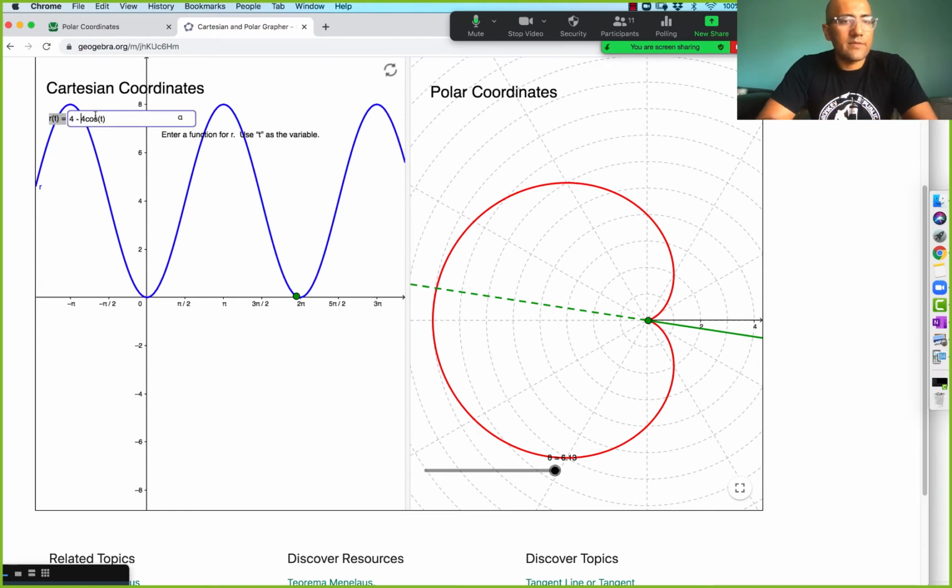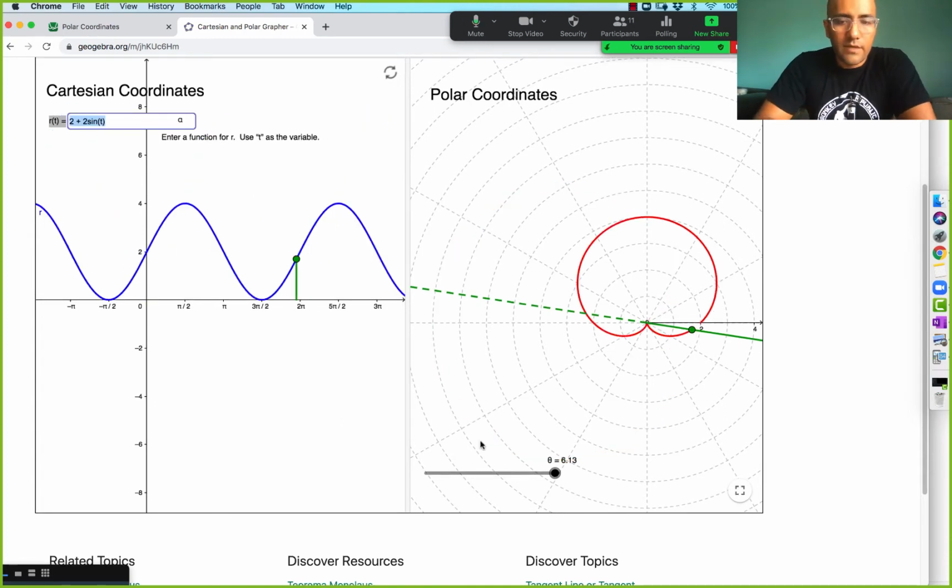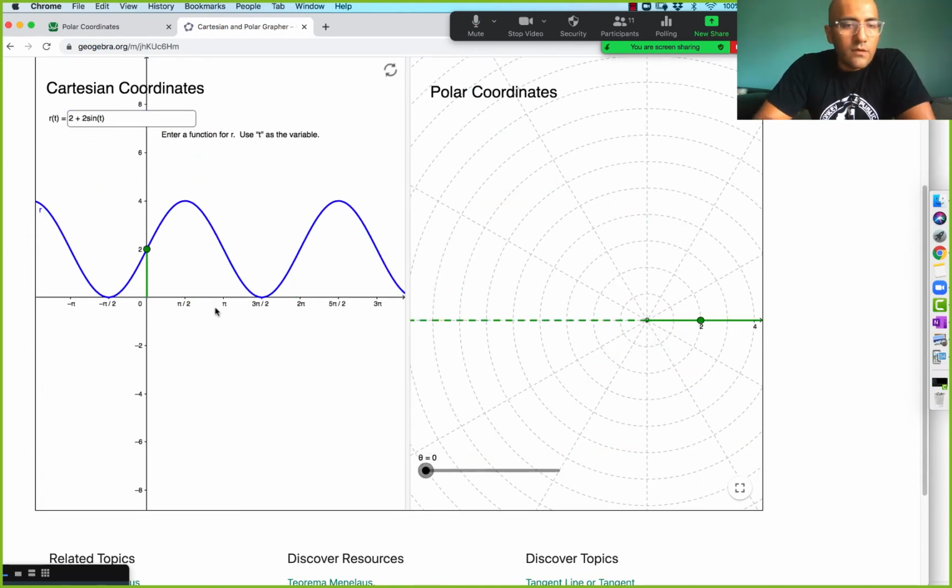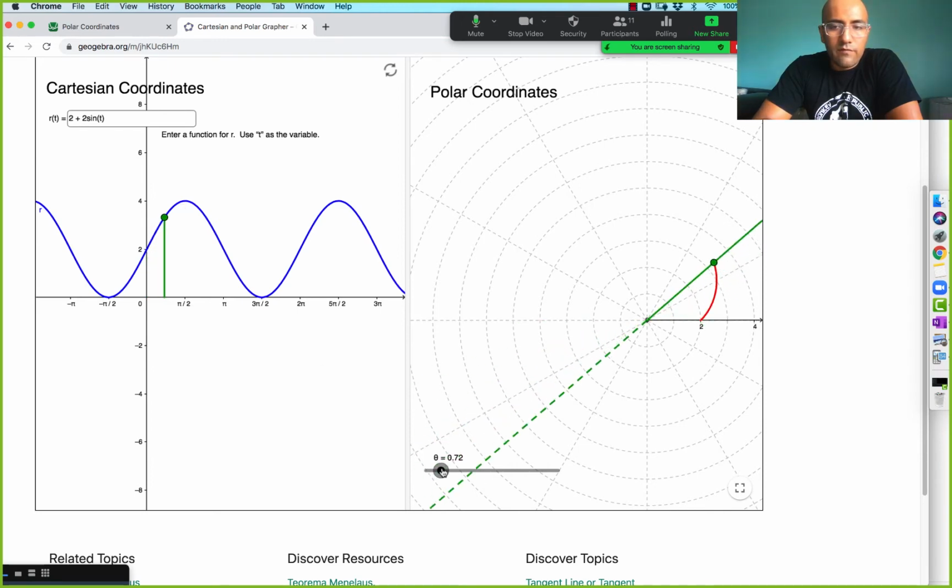Okay, and then what happens if we change this equation into a sine instead of a cosine? How about 2 plus 2 sine of t? Okay. So then in quadrant 1, we're going to start off at a 2 and go up to a 4.